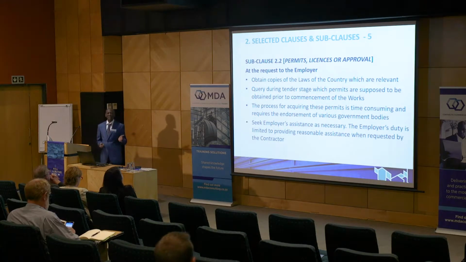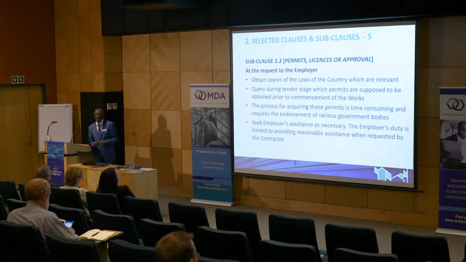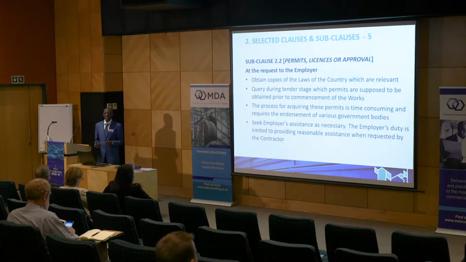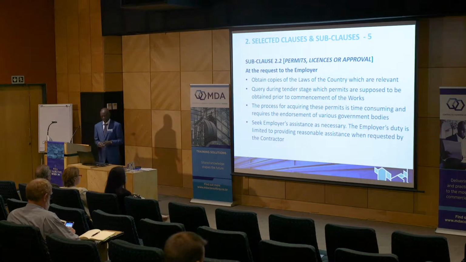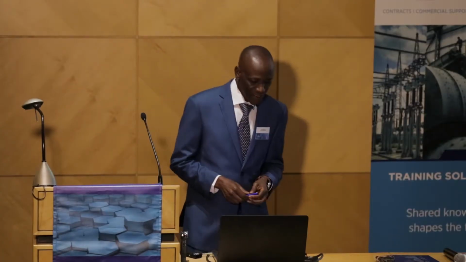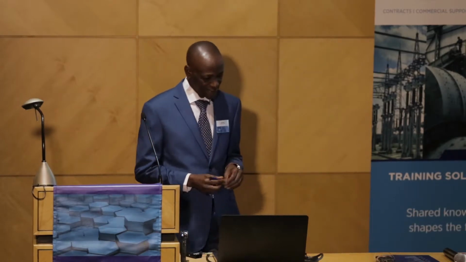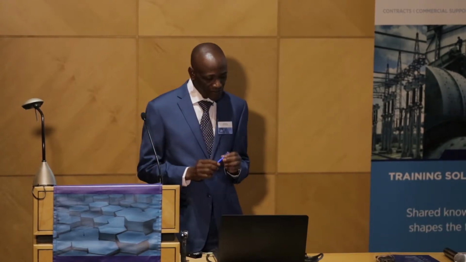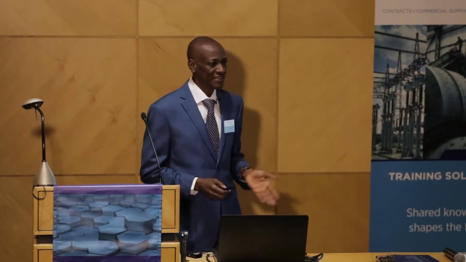Why? Because the process of acquiring these permits, from my experience working in Africa, is time consuming. So as a prudent contractor, he must make sure that he gets all these permits. If he has a problem, he should seek the employer's assistance as necessary. Under this subclause, the employer's duty is limited only to providing assistance to the contractor.